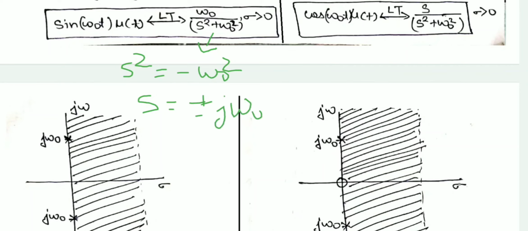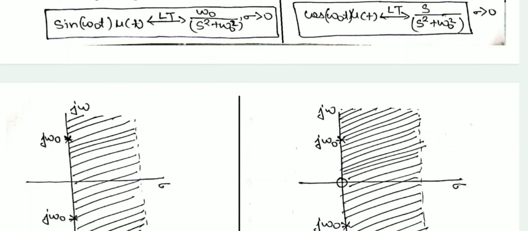When we draw it, one pole is here and one pole is here, both on the imaginary axis. As the ROC is sigma greater than 0, therefore the ROC of sin omega t u(t) is the entire right side of the S plane.